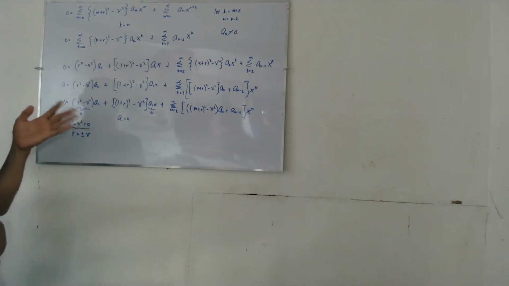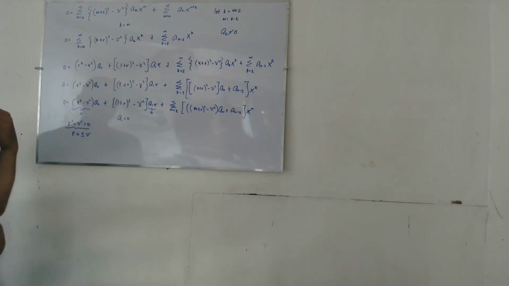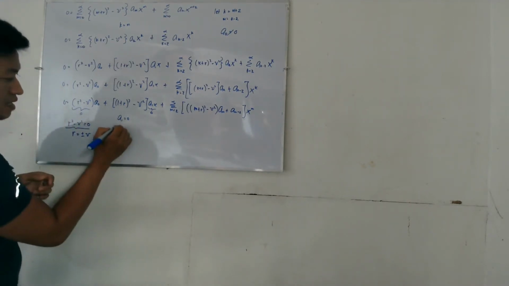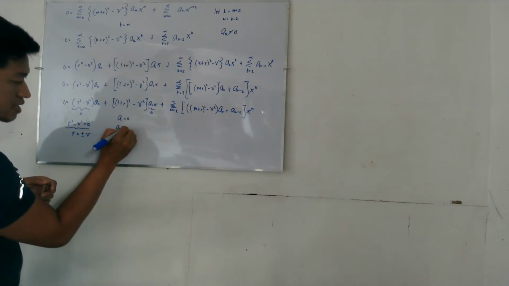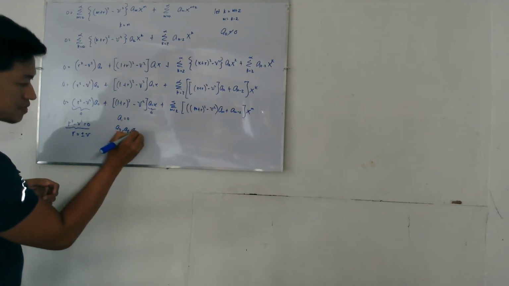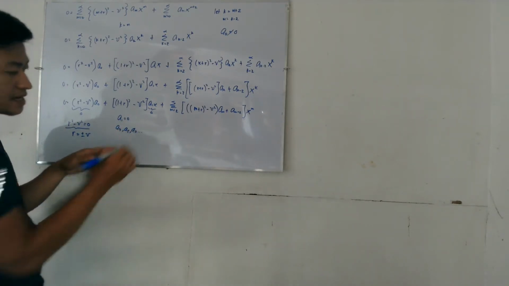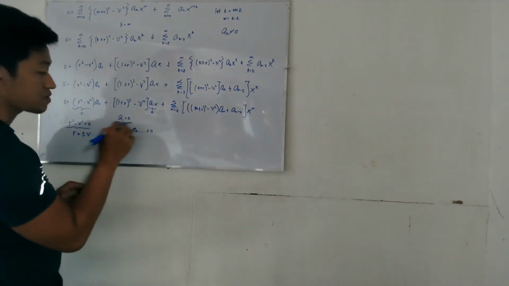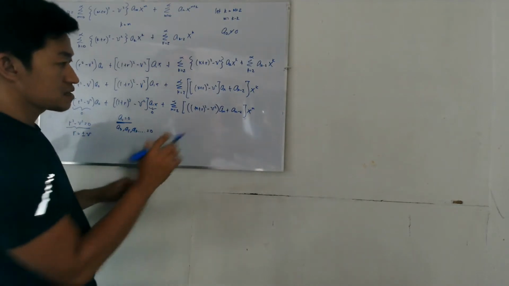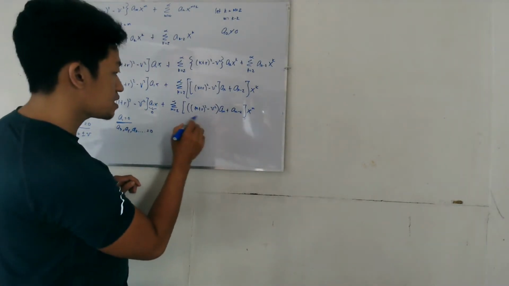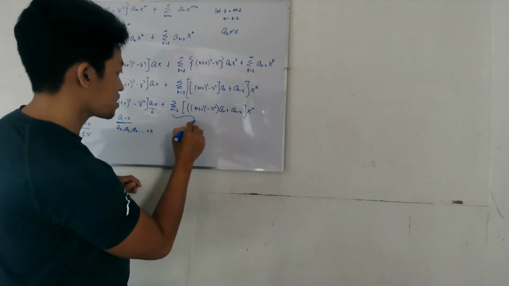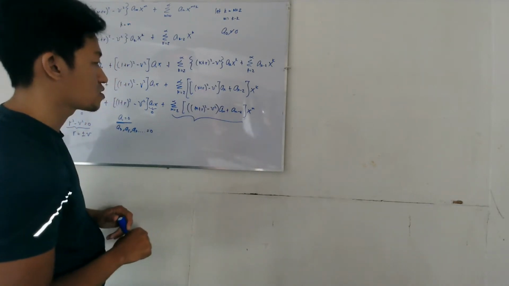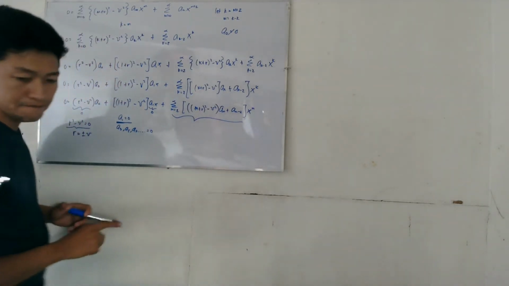And then we will see later on that A3, A5, A7, all the odd ones are equal to 0 because of this. So here we will equate this one to 0. Okay?